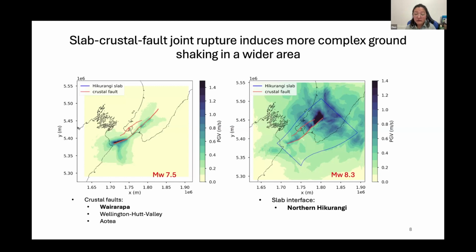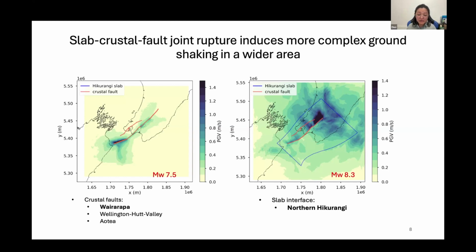The visual comparison shows that the slab interface rupture achieved a much higher magnitude, and it reproduces strong ground shaking in a wider area.